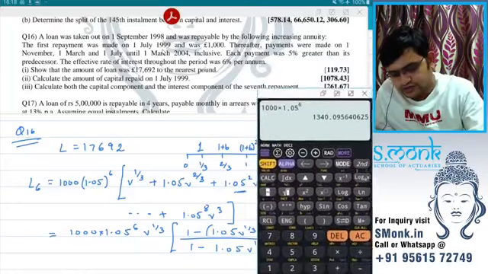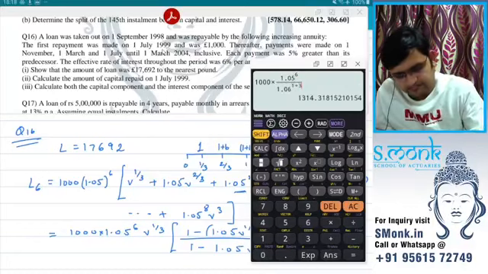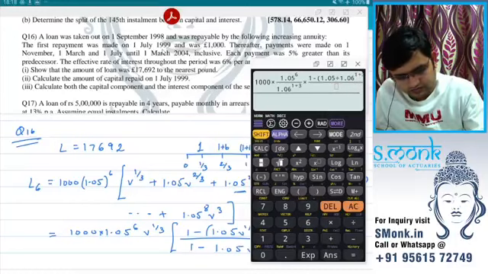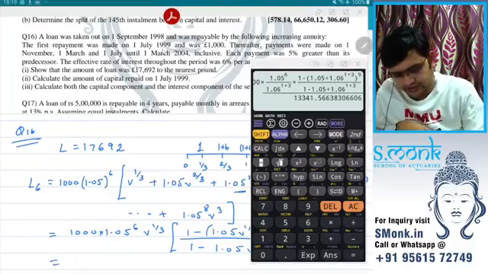Rate of interest was 6% per annum. So this would be the loan outstanding.